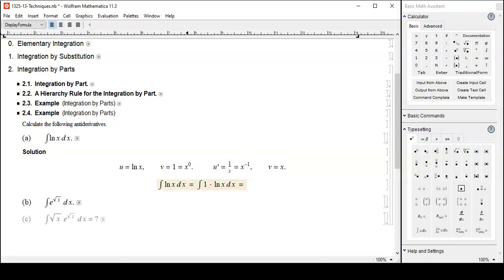So the integration by parts formula says u times v, so log of x times x, minus integral of u prime v, x to the negative first power, times x dx. So x log of x minus the integral of 1. So x log of x minus x.